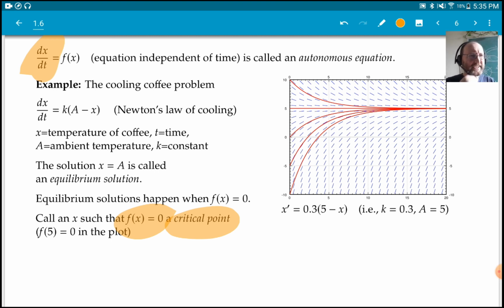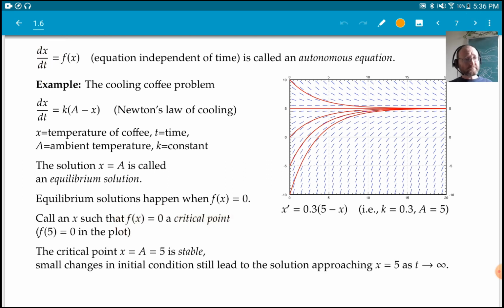So it's a little bit different, but we're going to use the same language. We're going to say it's a critical point, and it really just means that the equilibrium solutions come from the critical points. That's the terminology.